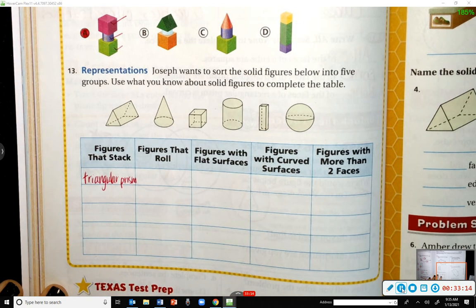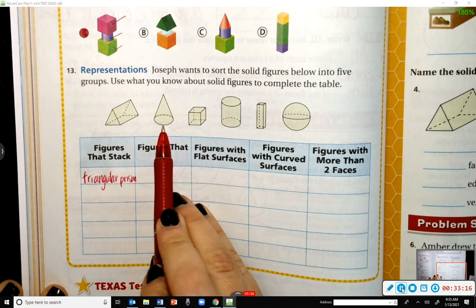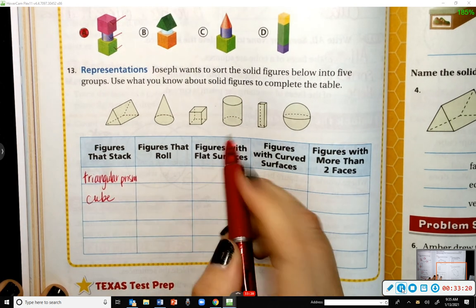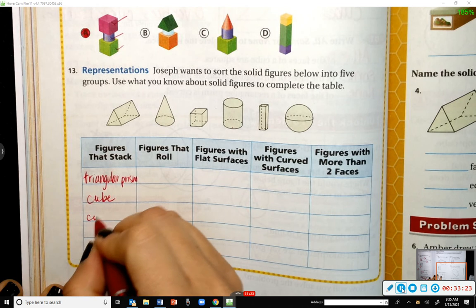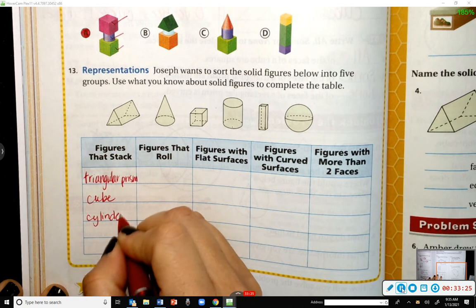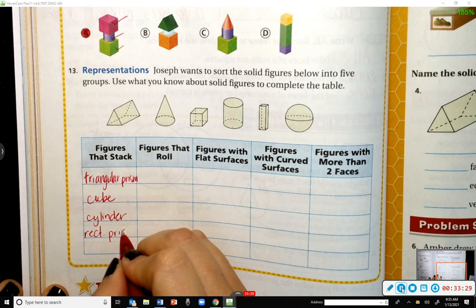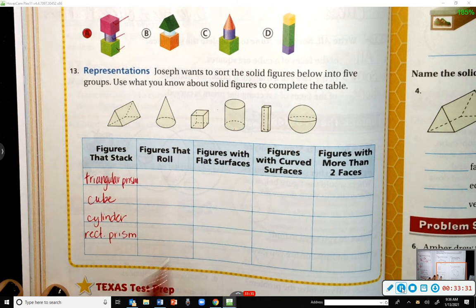Okay. Can you stack cones? No. Cubes? Yes. Cylinders? Yes. Rectangular prisms? Yes. Can you stack spheres? No. Okay.